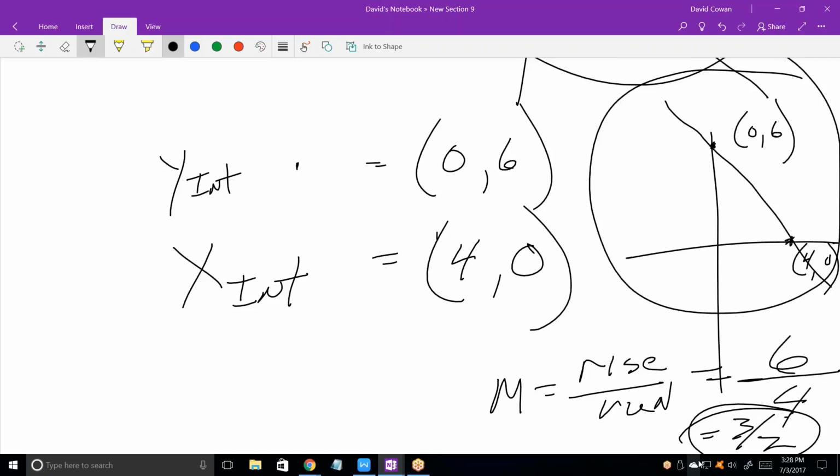Negative. Yeah, it's negative 3 halves. Now, how do I get negative 3 halves? Well, if I start from that point, I actually go down 6. That's minus 6. And then I go to the right 4, which is a positive 4. Well, that gives me negative 3 halves.